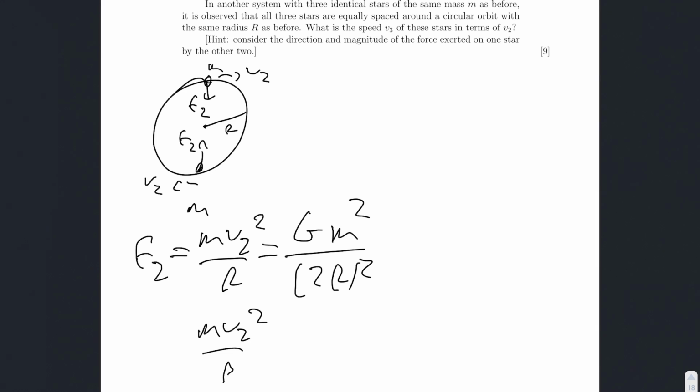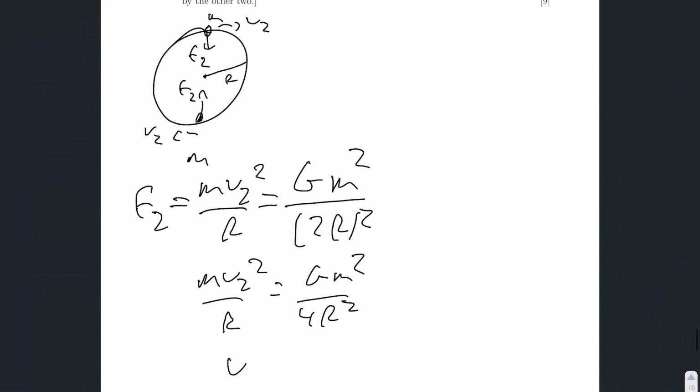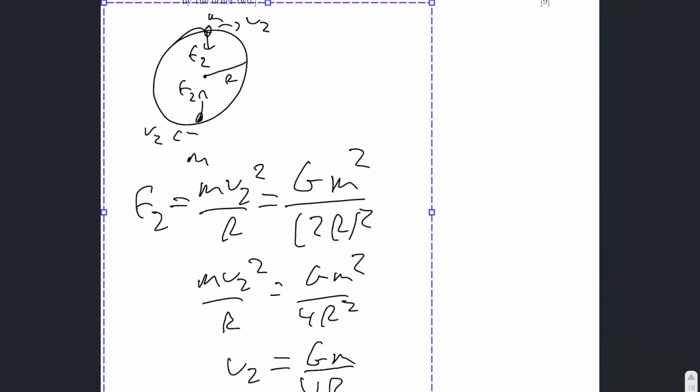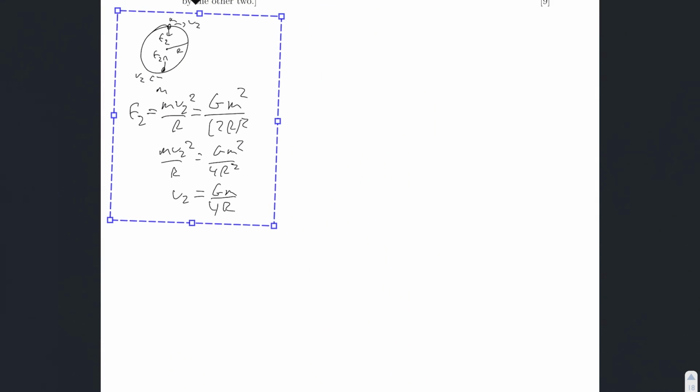So this is m v2 squared over r equals G m squared over 4r squared. So from this, we know that v2 squared equals Gm over 4r. That's from the first one.